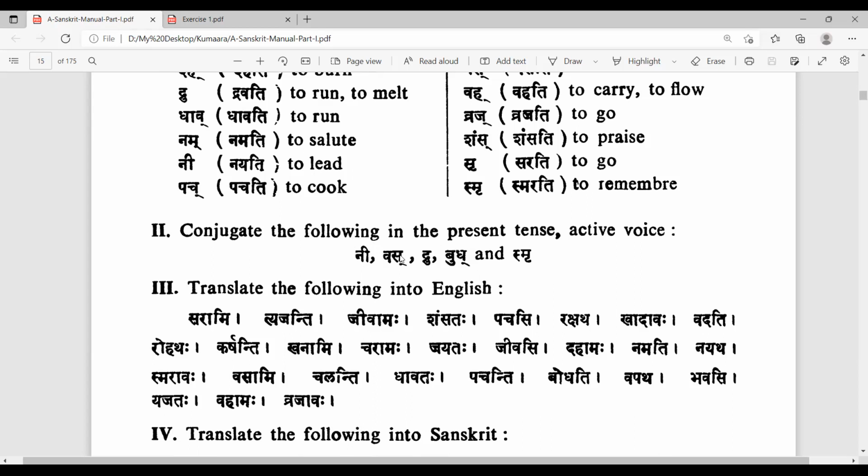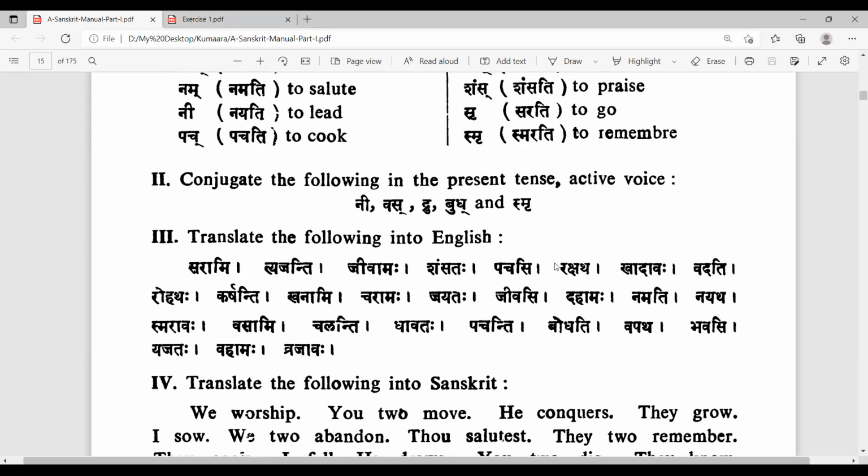Then vas: vasati, vasataha, vasanti. Dru: dravati, dravataha, dravanti. Budh: bodhati, bodhataha, bodhanti. Smri: smarati, smarataha, smaranti.